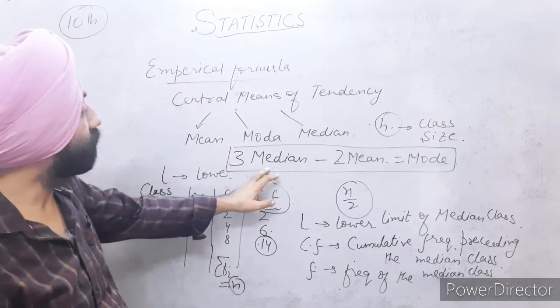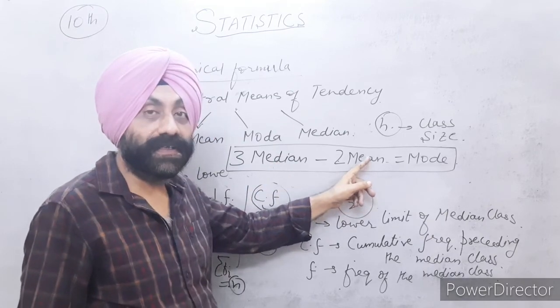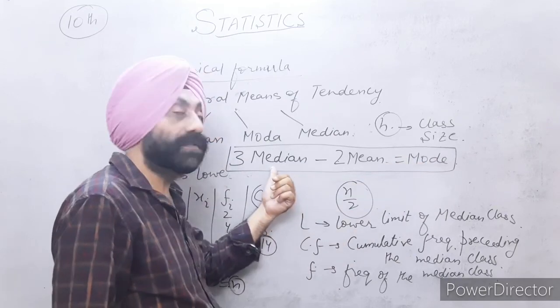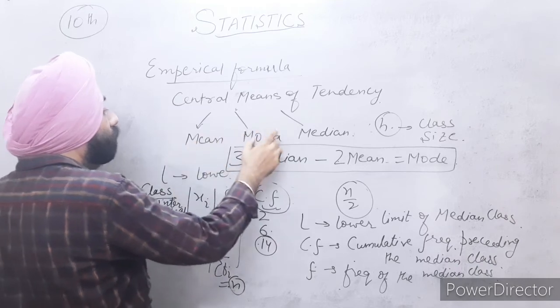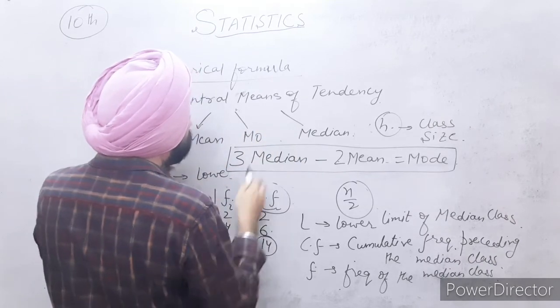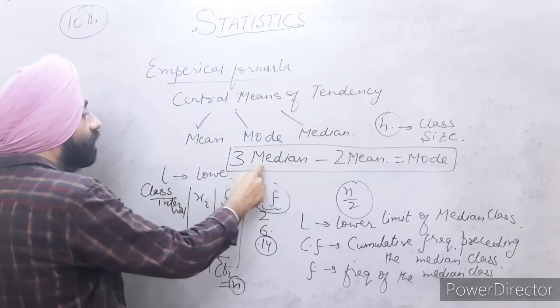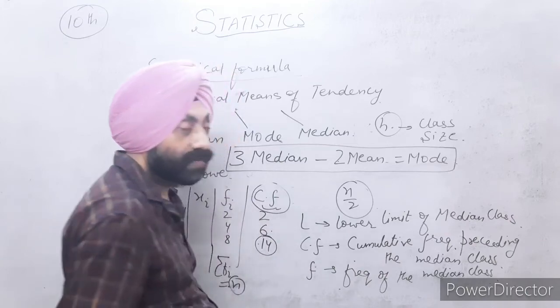Now any two of these central tendencies will be given to you. Say mean and mode are given, you can calculate the median. The empirical formula between mean, mode and median is given by this formula: 3 times median minus 2 times mean equals the mode.